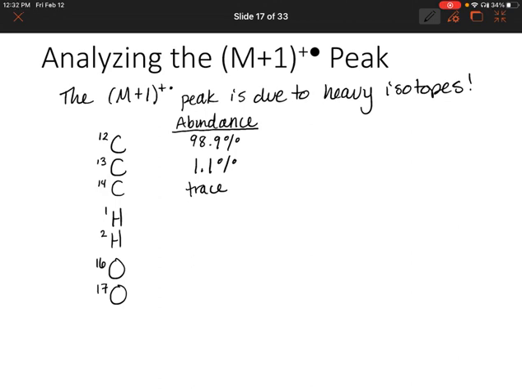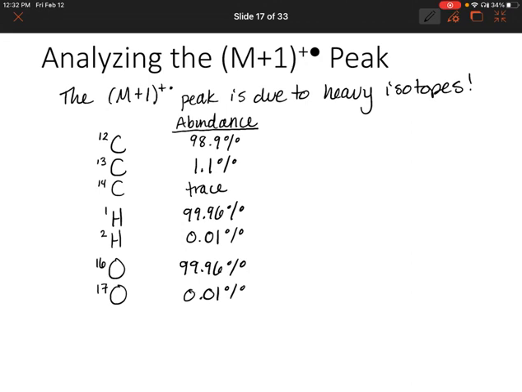Hydrogen 1 is present at about 99.96%. Hydrogen 2 is present at only about 0.01%. Let's see, the natural abundance of oxygen 16 is 99.96% and oxygen 17 is 0.01%.